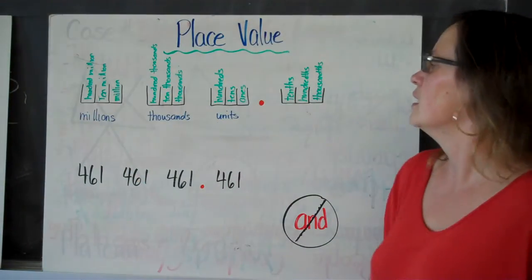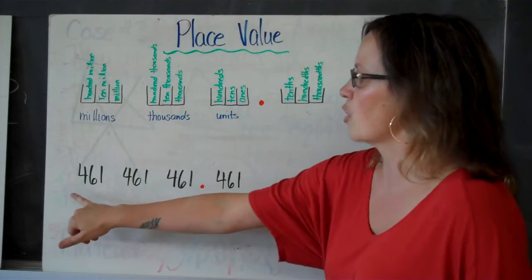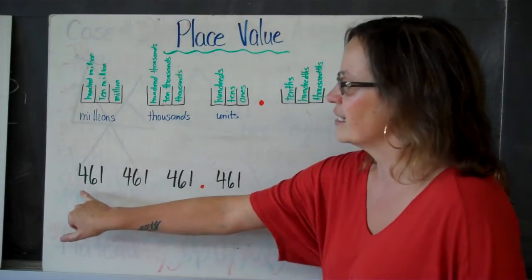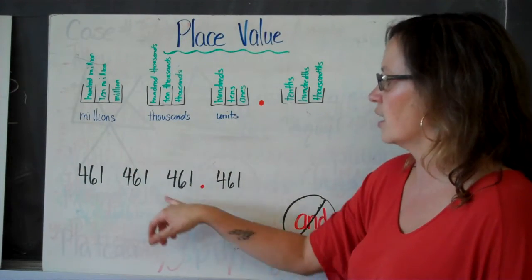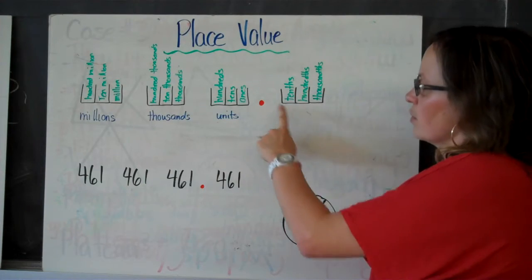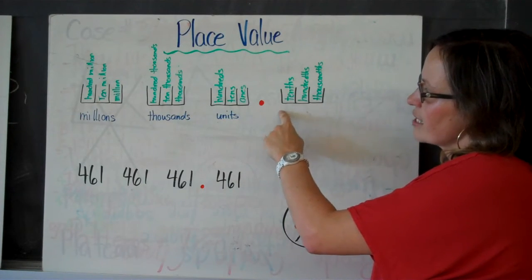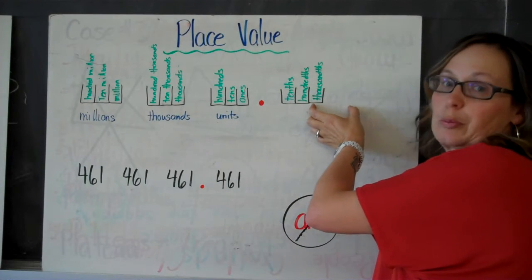So there's a pattern. When we're reading these numbers, we read it as its group. So I would read 461 million, 461,000, 461. Then we have our decimal. To the right of our decimal is tenths, then hundredths, and then thousandths is another group of three.